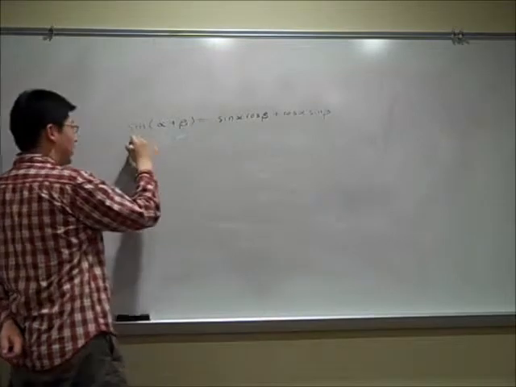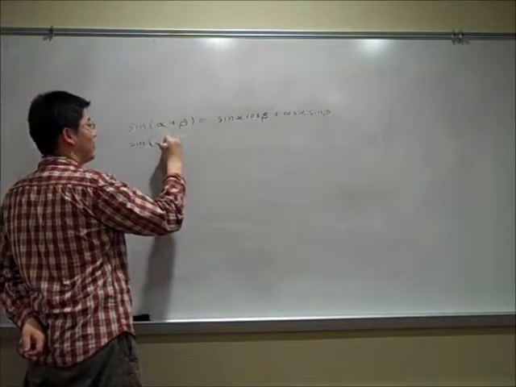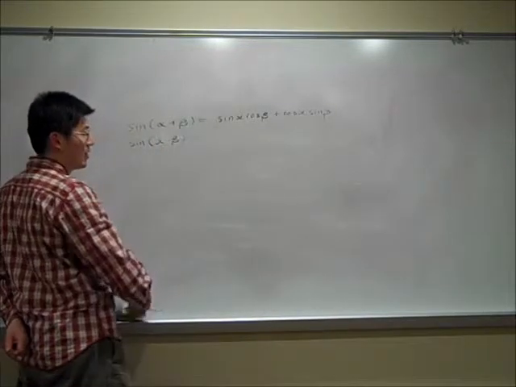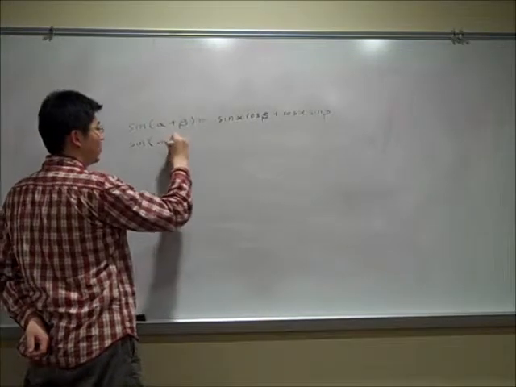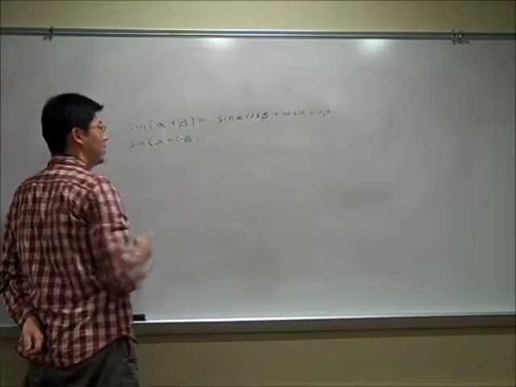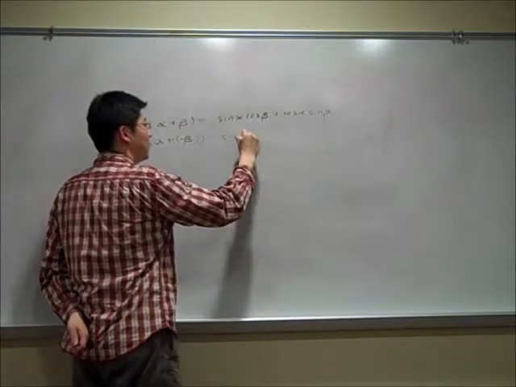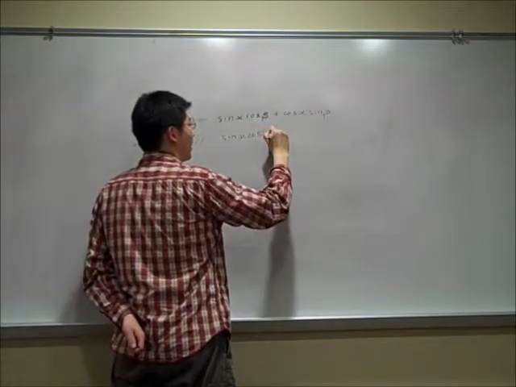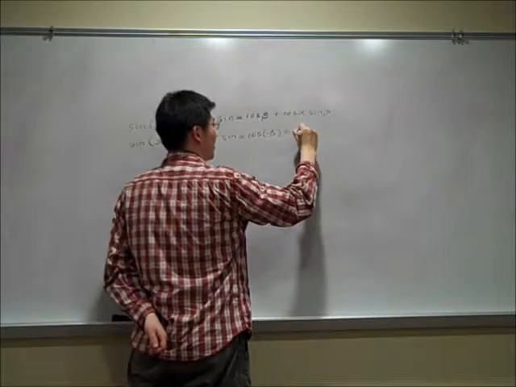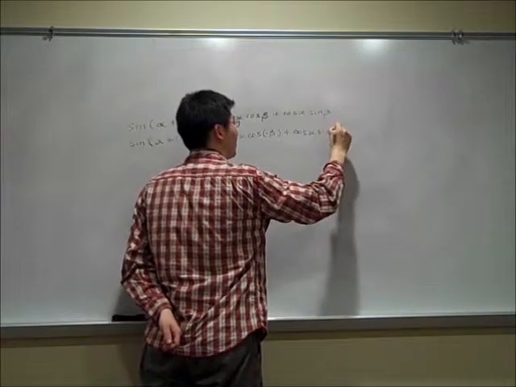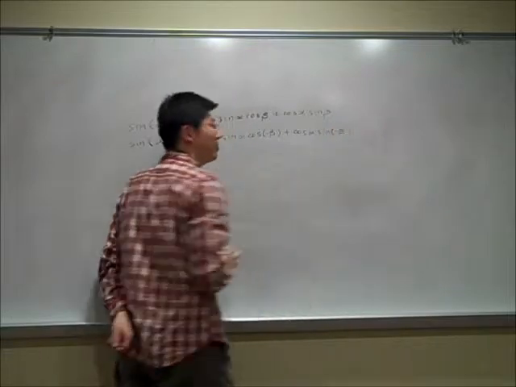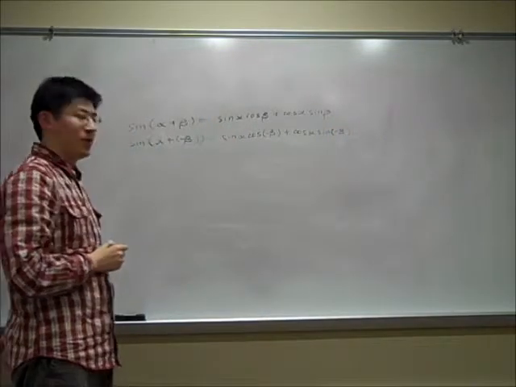Well, we can similarly say, what is the sine of alpha minus beta? So minus beta is the same thing as just plus a negative beta, right? So then this thing is just equal to sine of alpha cosine of negative beta plus cosine alpha sine of negative beta.